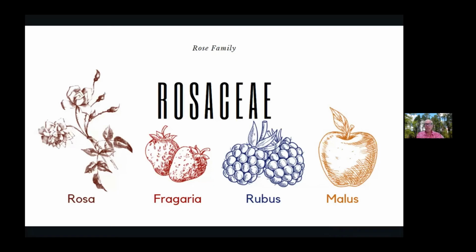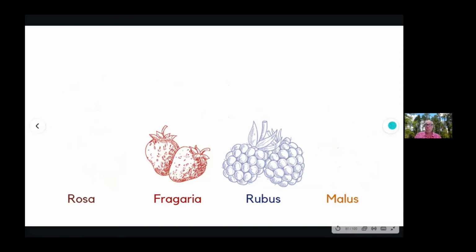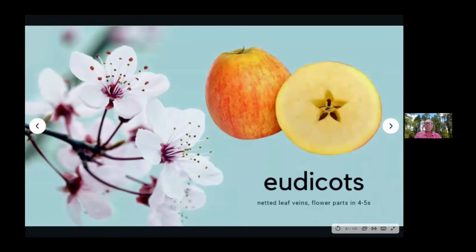Genus Rosa, genus strawberry, genus raspberry and blackberry, in the same family, Rubus, and apple in the genus Malus. Now, you can even count flower parts if the flower is long gone.